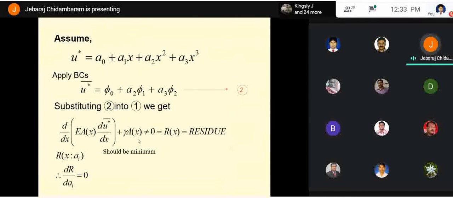So you write the governing differential equation, make the approximate solution satisfy the boundary condition, and substitute that approximate solution. There is error or residue. Minimize the residue and you will have your residue smaller.